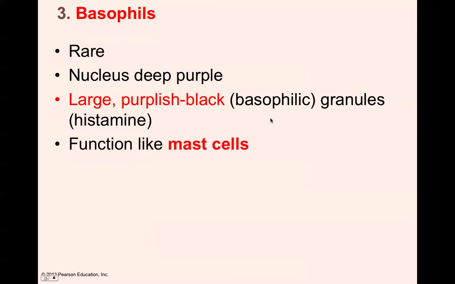The granules do. Histamine is an inflammatory chemical that will cause arterioles to dilate, open up. It causes capillaries to become more permeable. That's also the function of mast cells, and I referred to this somewhat in chapter 21 when we talked about the immune system. During inflammation, histamine is the chemical that will amplify that inflammatory response.